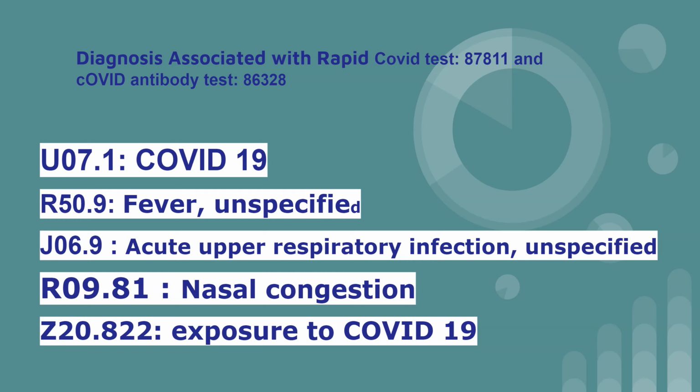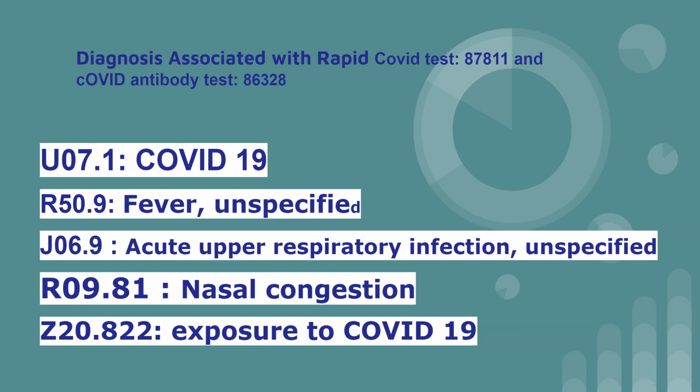Fever, URI, nasal congestion goes there, and on top you see the more specific code U07.1 because the patient tested positive for COVID. Now if the patient tests negative for COVID but the patient has fever or URI or nasal congestion and was exposed, then we use these diagnosis codes in this specific order: fever and then exposure to COVID-19, or URI and exposure to COVID-19.